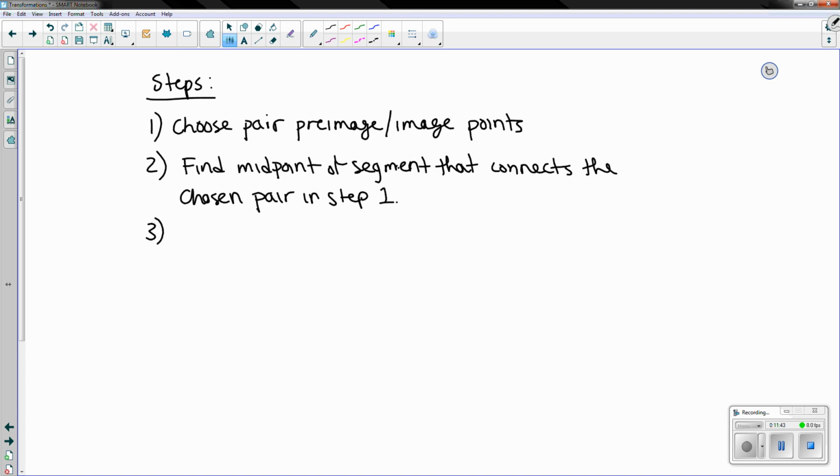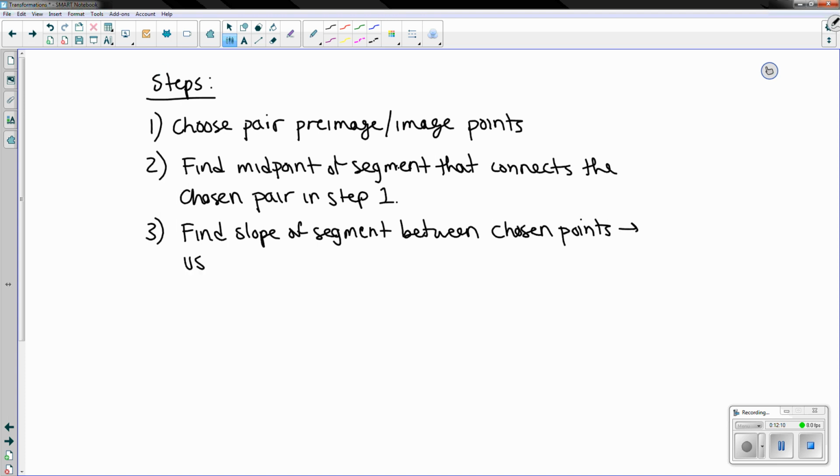Now, once we've calculated the midpoint of our chosen pairing from step 1, we're then going to find the slope. Now, that slope of the segment we found is not going to be the slope of our line that we're ultimately trying to write, so we're going to use this to find the perpendicular slope to that segment.